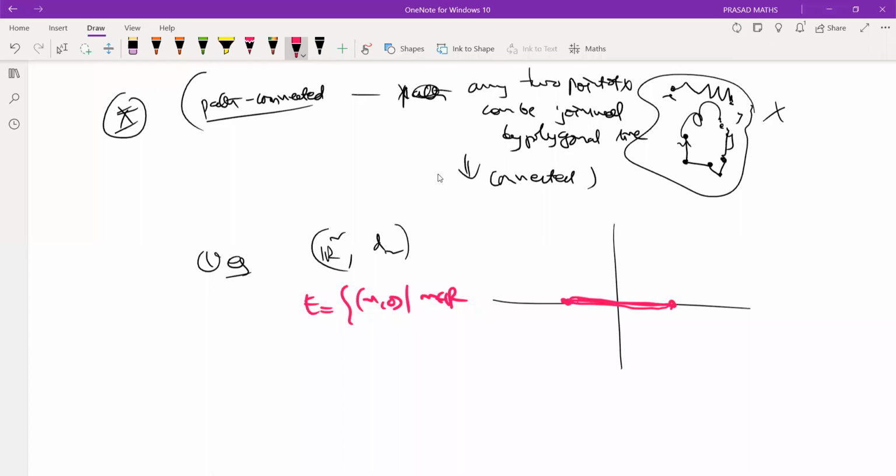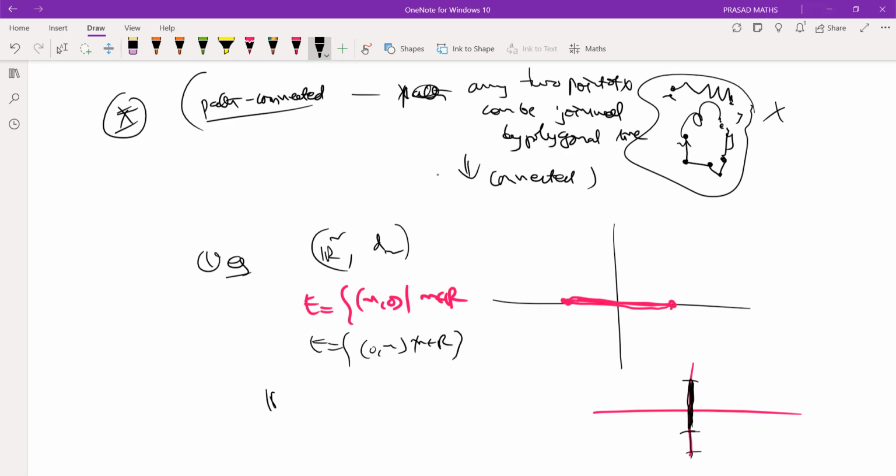Is the y-axis connected? Yes, because any 2 points you give me can be joined by a line segment, or a polygonal line, entirely in the set. Therefore the y-axis is also connected.